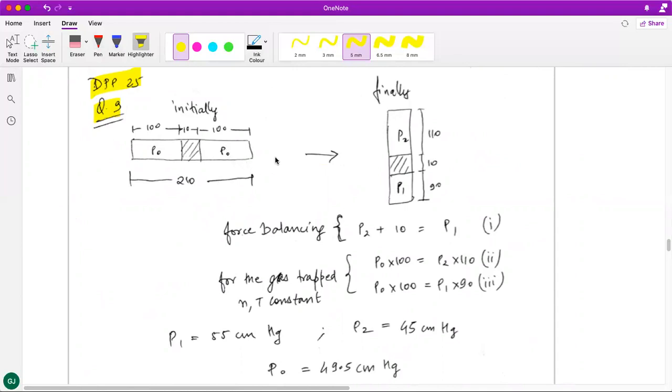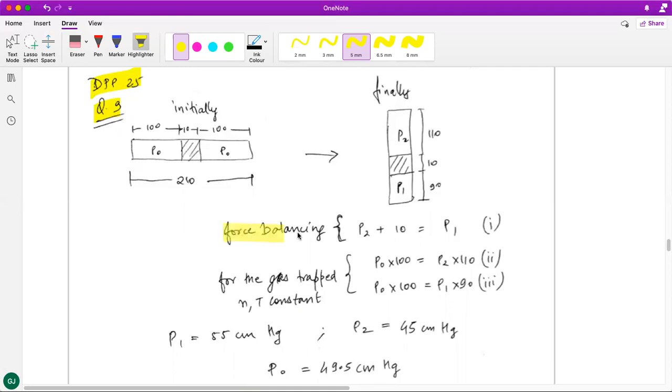This was a difficult question based on a mercury column inside a test tube, and in this you will notice that we will be working with two sets of concepts when we change the orientation of the test tube.